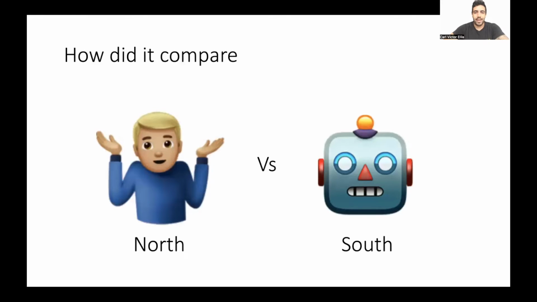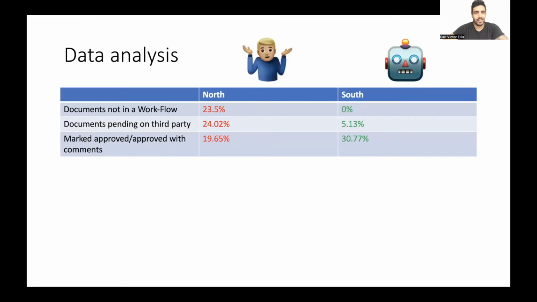So how did it compare? I decided to have a little competition between the north and the south, considering I used the automation on the south side, and of course the humans on the north side. Let's have a look and see how we did. The first comparison I did was documents not in the workflow.